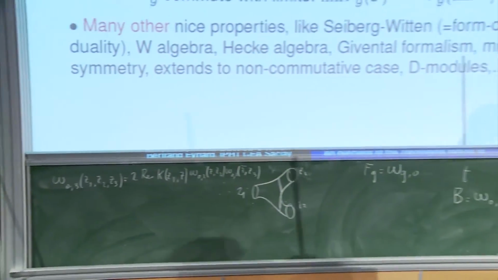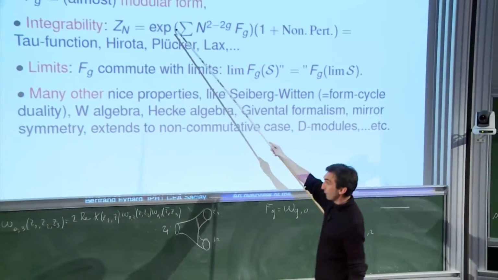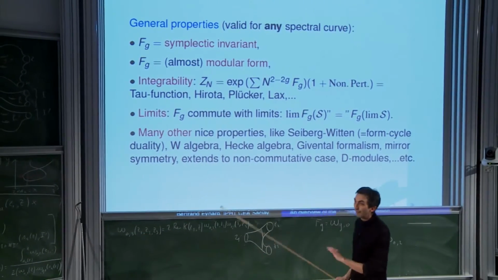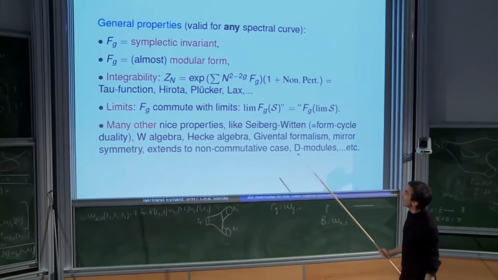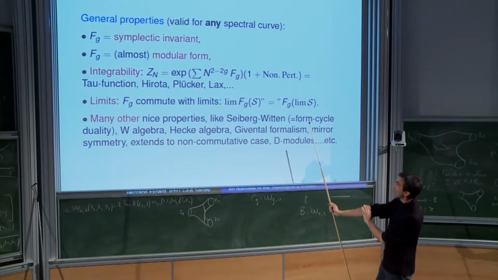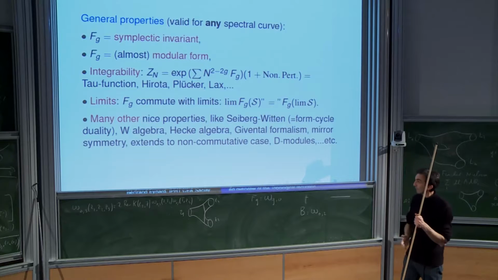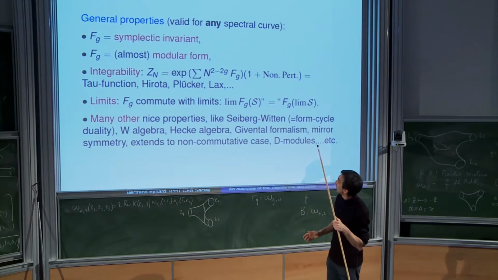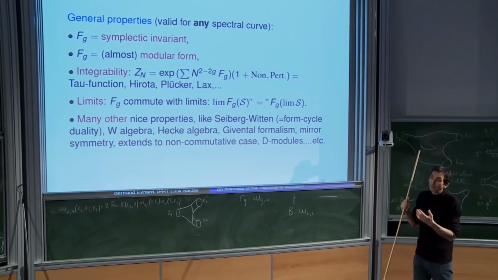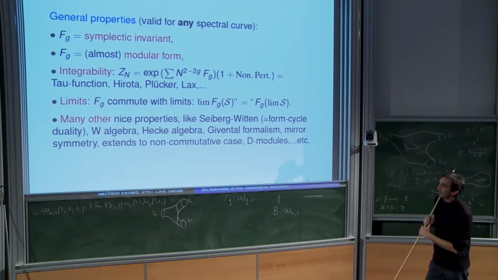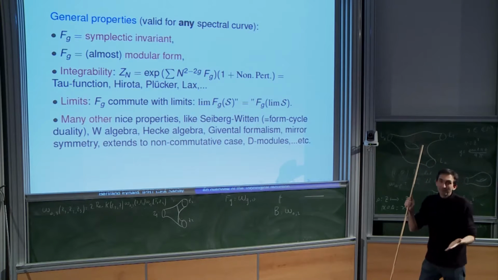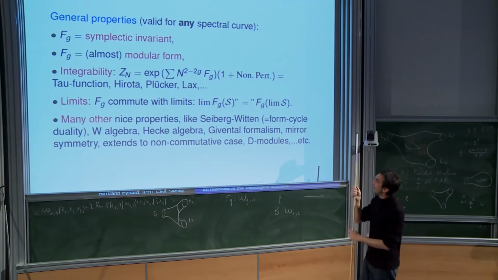I don't want to explain, but this is a property which you can prove by recursion. And in fact, for that one, the graphical method gives you an extremely easy proof that BCOV is always satisfied. So everything which satisfies this recursion will always satisfy BCOV, and this is not very difficult to prove. And in genus 0, we don't really know what modularity would mean for the genus 0 case, but okay. This is to be explored, I would say.